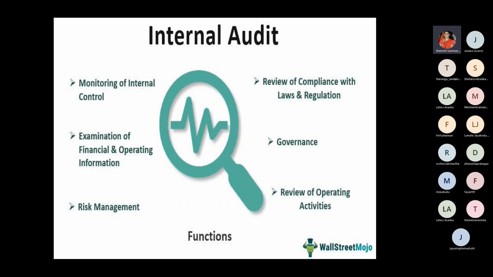So they monitor how the control is going on, then they evaluate whether the action plan or the people who are working adhere to the laws and regulations of the particular institution, or simply we can say policies and procedures. Each and every organization imposes a policy or procedure, and the internal audit evaluates whether the people working in the institution are accepting and following it.